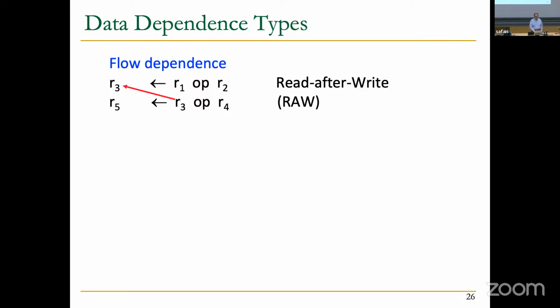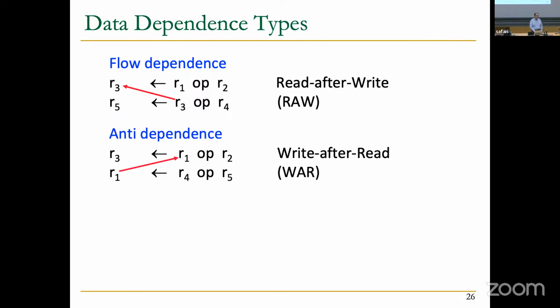But we actually have two other data dependencies that I think you haven't seen last week. They are important for architectures with multi-cycle execution. These are anti-dependences because they are not real dependencies. We'll see why. This one is write after read.